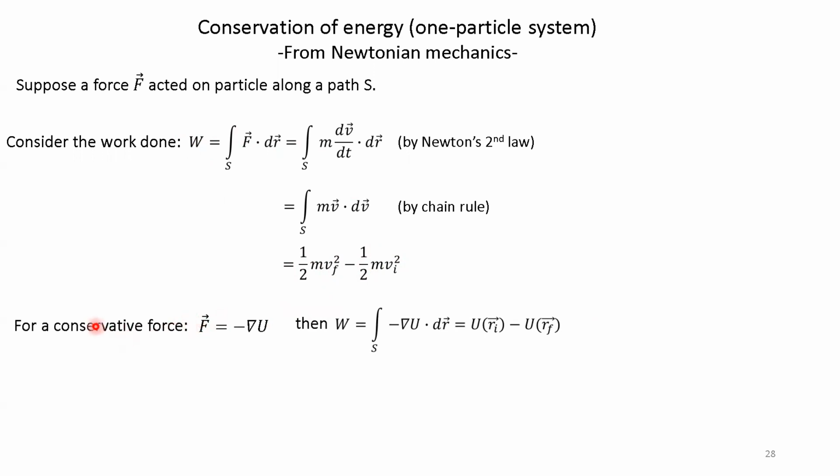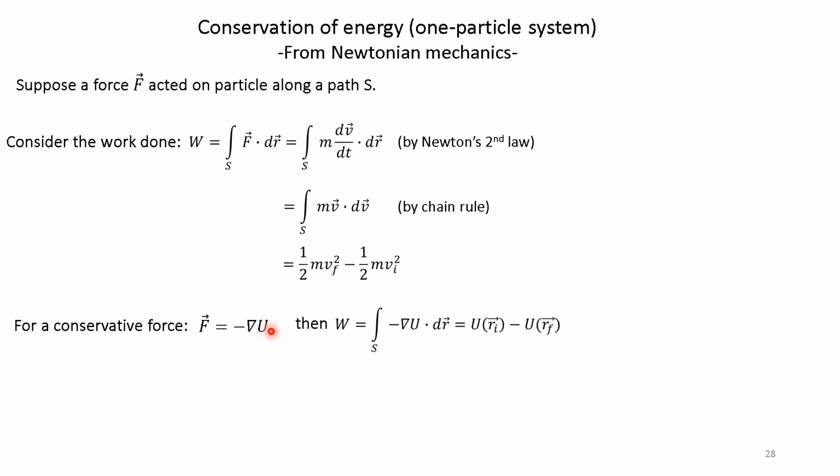Now, if we consider the so-called conservative force, that means the force can be expressed as the gradient of a potential. And that's most of the time what we deal with: the spring system, the gravitational system, or even the electrostatic system.